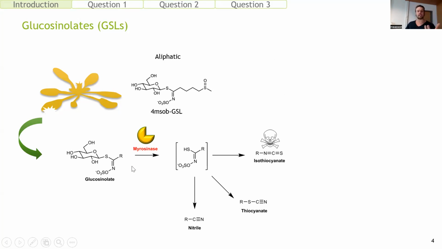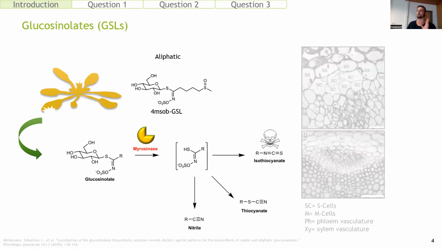Once it cleaves this glycoside, it forms this unstable aglucone. This aglucone can rearrange to various products, nitriles, thiocyanates, depending on the chemical environment around it, and also maybe some specifier proteins that might be present. But what's thought to be the most important toxin within this mix are these potent electrophiles known as isothiocyanates.